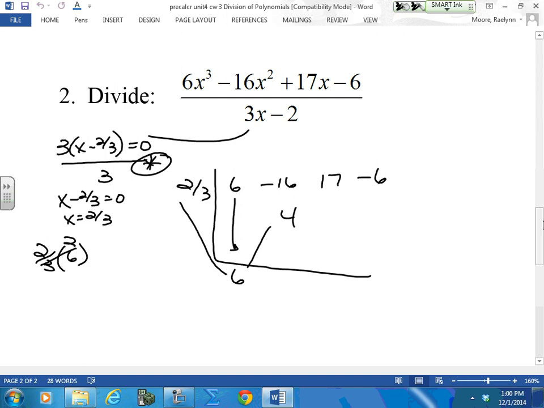Now, add it down. What do you get? -12. Again, 2/3 times -12 to the right. -8. So if you want to put your negative there ahead of time, 3 goes into 12 4 times, times 2, 8. Add it down. 9.